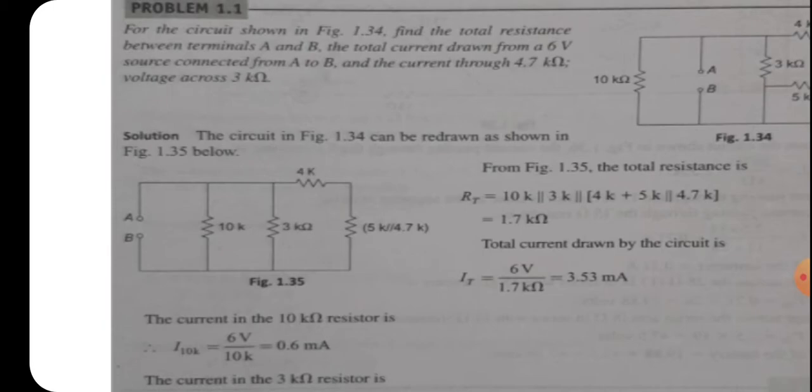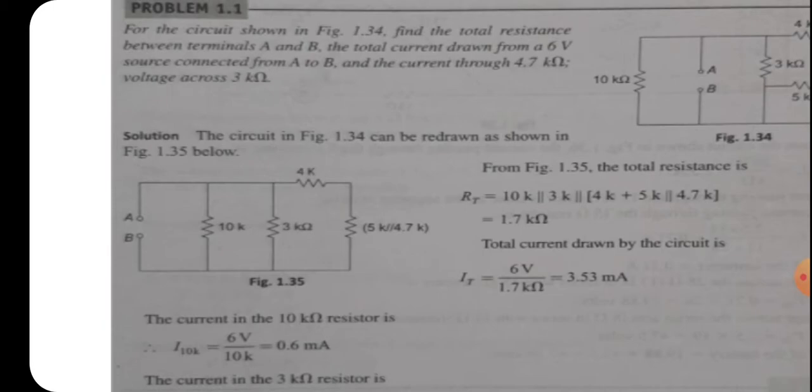So what is the equation for total current? By Ohm's law, total current is equal to voltage divided by resistance. So the total current drawn by the circuit, IT, will be equal to the total voltage 6 volt divided by 1.7 kilo ohm.